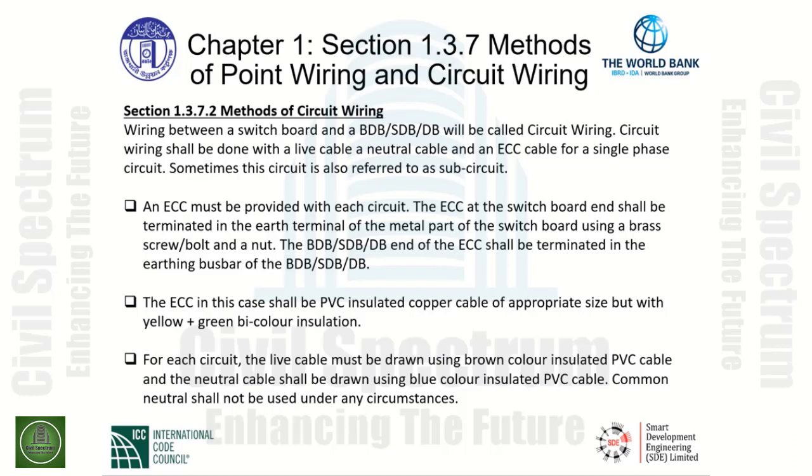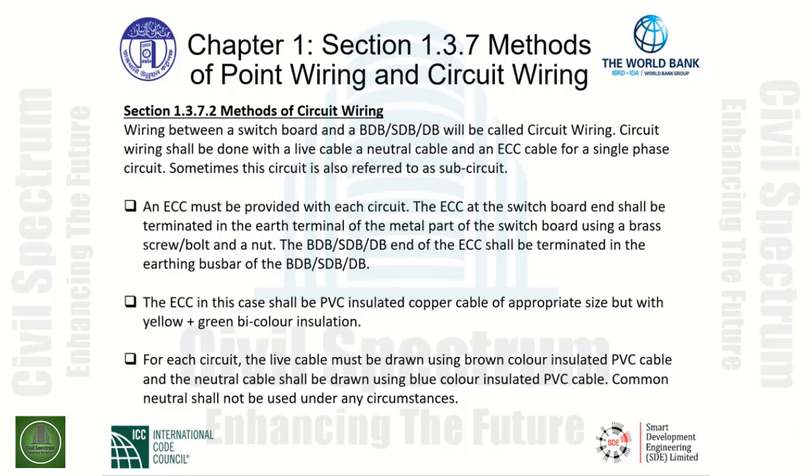Section 1.3.7.2 provides us with methods of circuit wiring. Wiring between a switchboard and a BDB, SDB, DB will be called circuit wiring. Circuit wiring shall be done with a live cable, a neutral cable, and an ECC cable for a single-phase circuit.